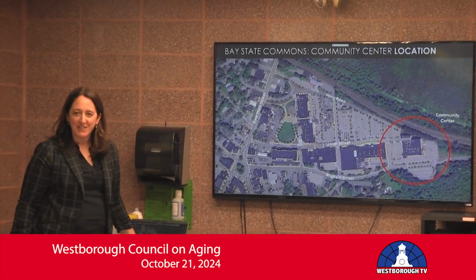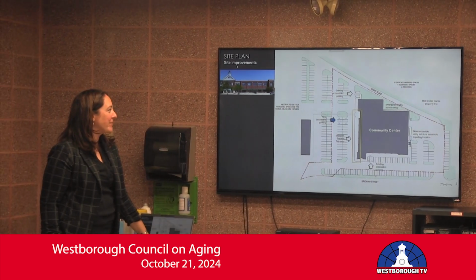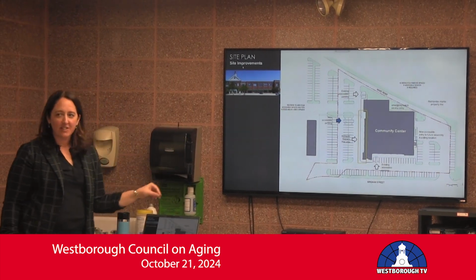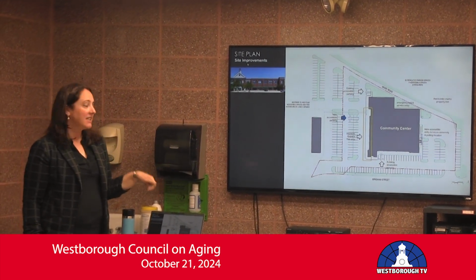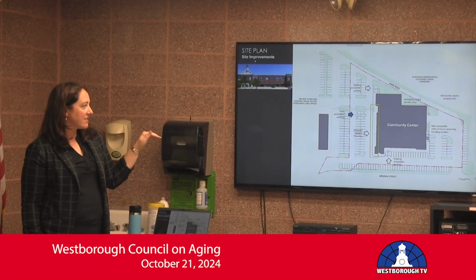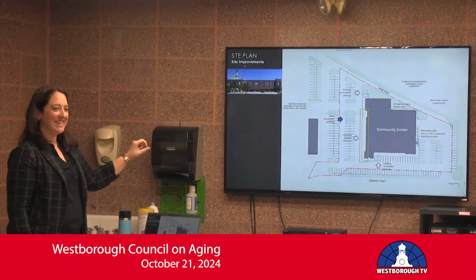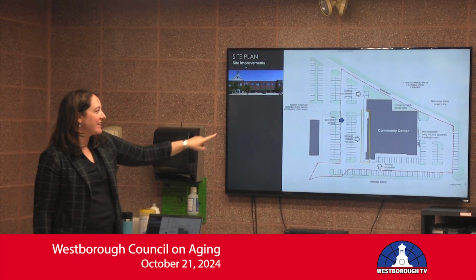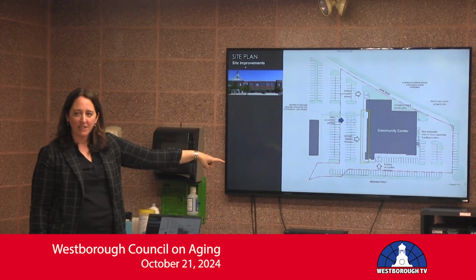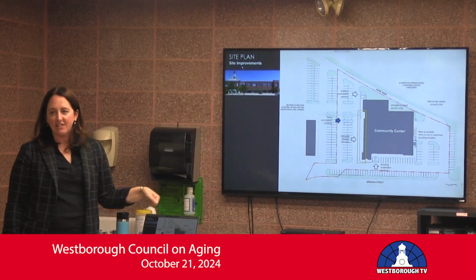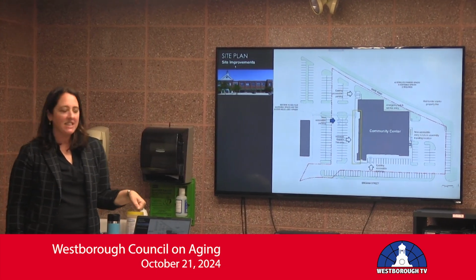You all know where the building is located. This is just to show that there's some work to be done outside the building. If you see that yellow box there right on the front of the building, that's identifying that there are some sidewalk repairs needed.